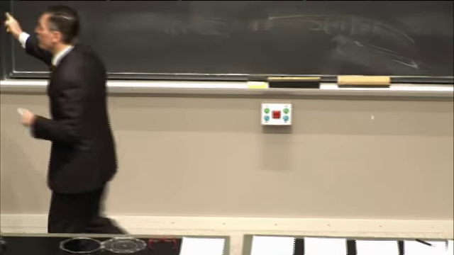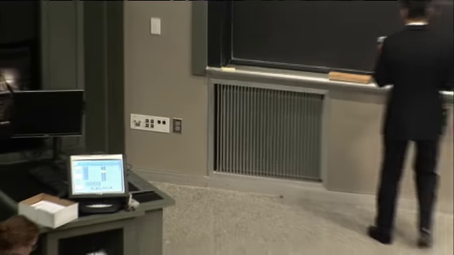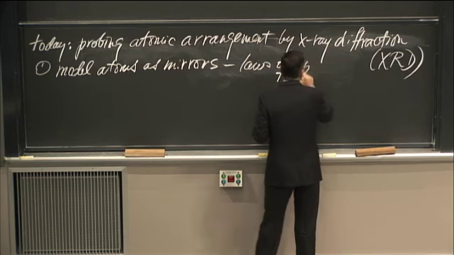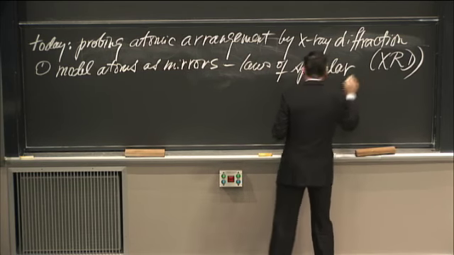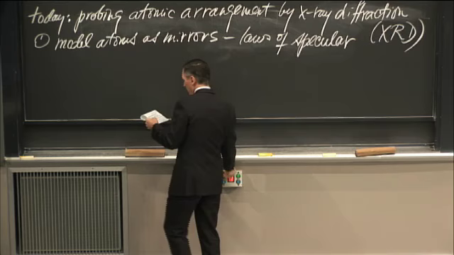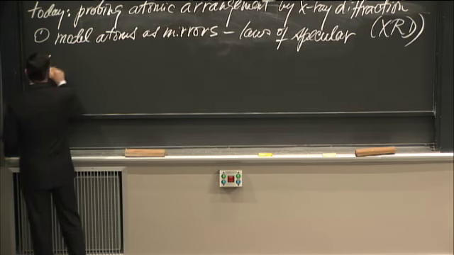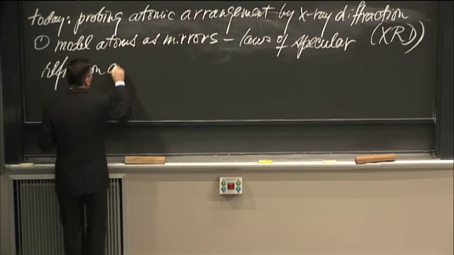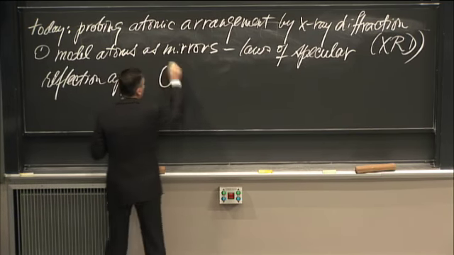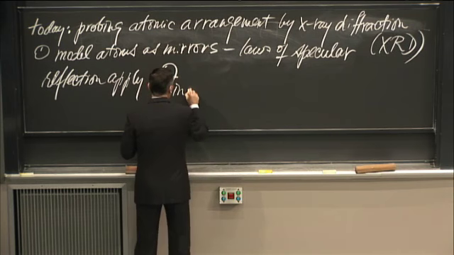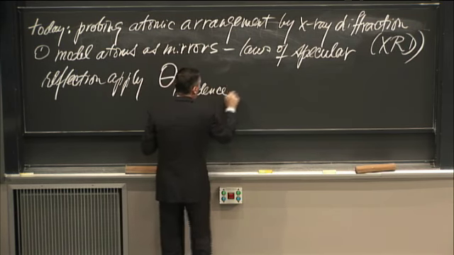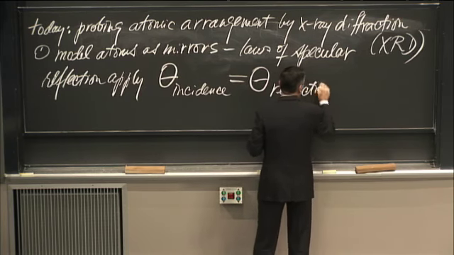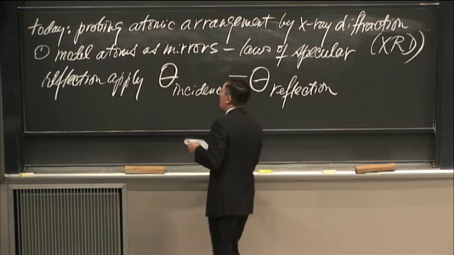So that's all we're doing by modeling the atoms as mirrors. Laws of specular reflection apply. So that simply means that the angle of incidence, theta incidence, equals theta reflection. And you'll see how that comes into play in a minute.